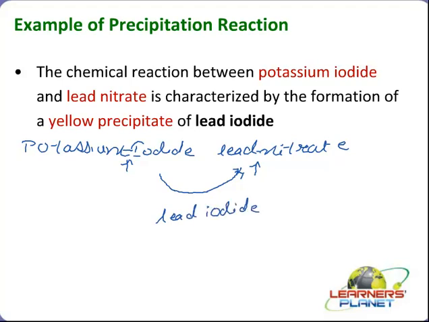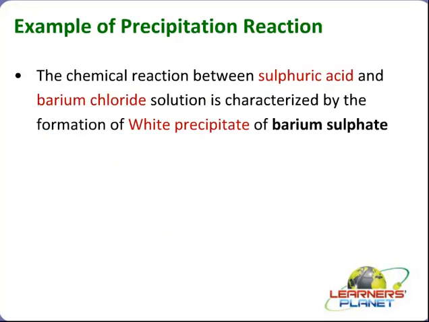Got my point? So this lead iodide precipitates in the test tube as yellow PPT. As soon as you find this yellow PPT, what can you conclude? That the reaction between potassium iodide and lead nitrate has been done. Right? Now, let's take another example.